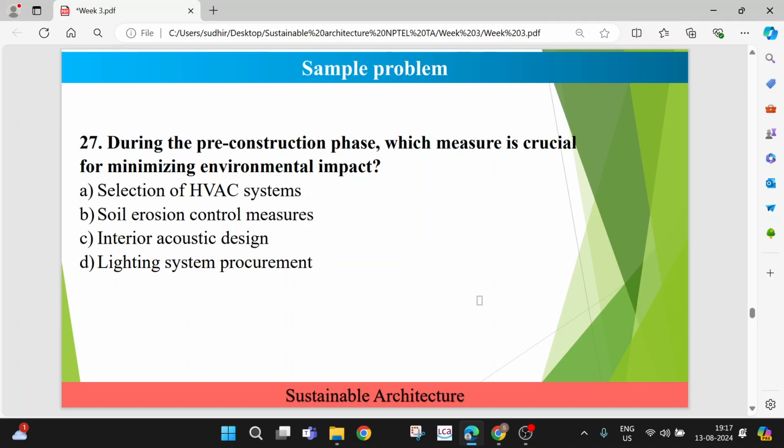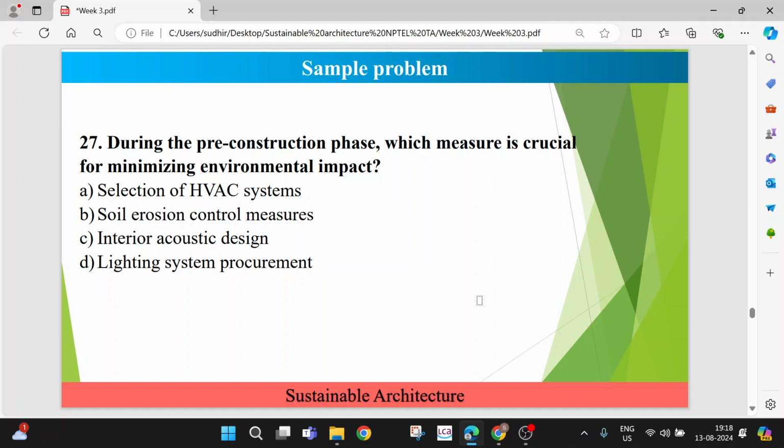So all of you, please be there with us and learn as much as you can, so that you will be able to get good marks in the final examinations, as well as learn lots of things from this sustainable architecture course, not only in the theoretical part but also in the application side. You will be familiar with the most demanding software and tools that will be enhancing your CV and helping you in the future.